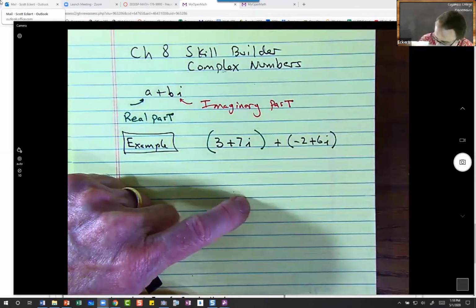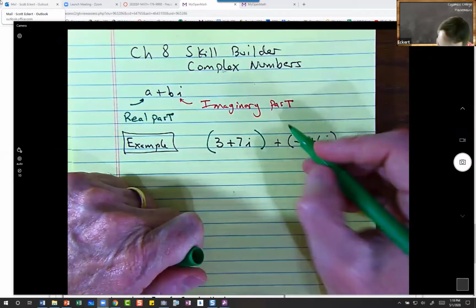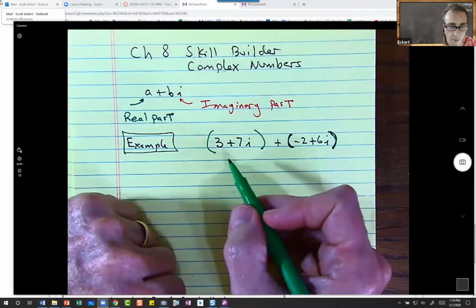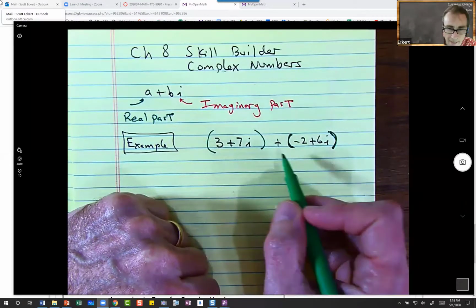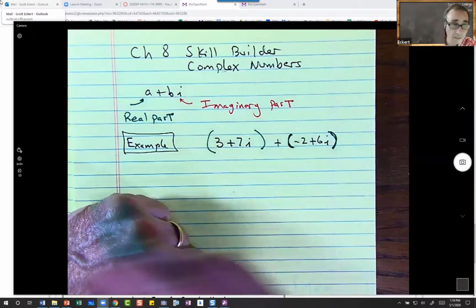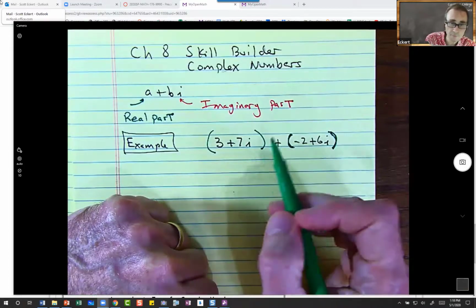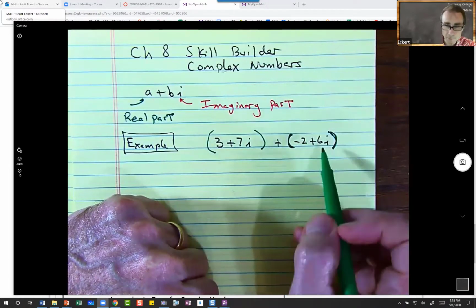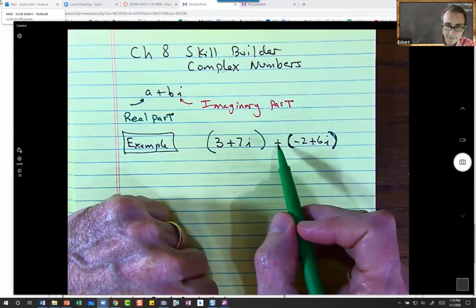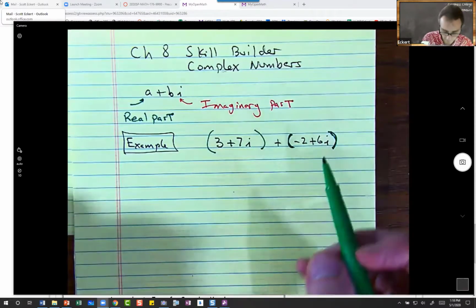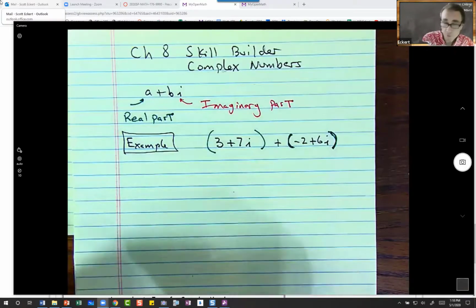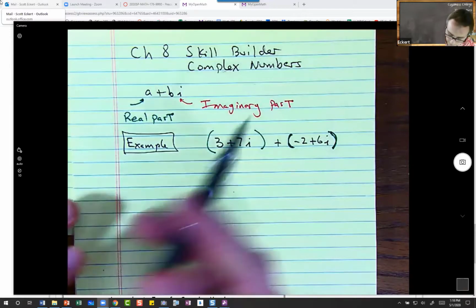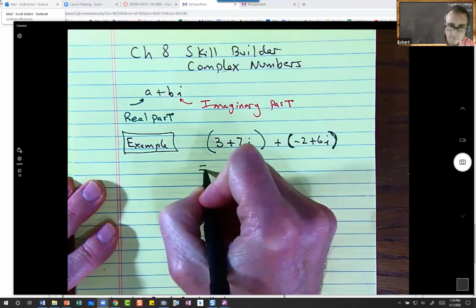I have a complex number plus a complex number, but because it's add, the parentheses aren't really doing anything. Subtraction, no, that's different. Anyways, take a wild guess. What is that going to equal?